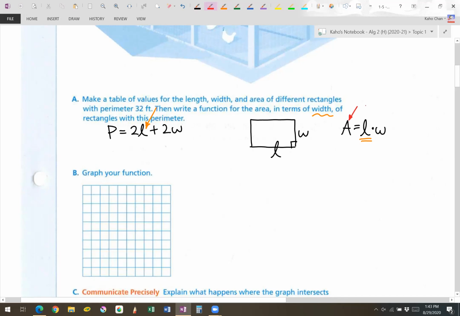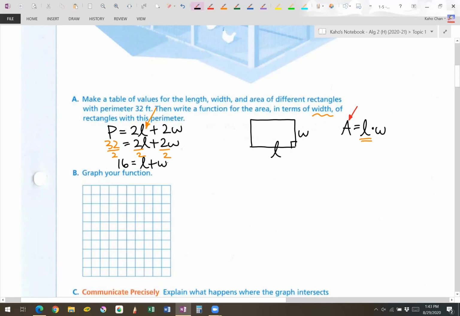All right, using the perimeter formula, let's replace P with 32. That's our restriction there. That's good. We can make the coefficients 32, 2, and 2 a little smaller. Let's divide by 2. L is almost by itself.